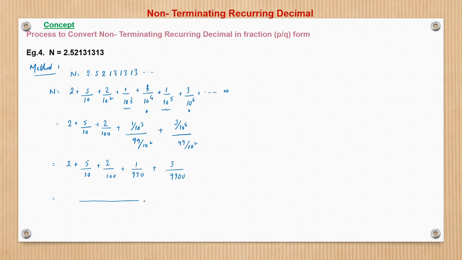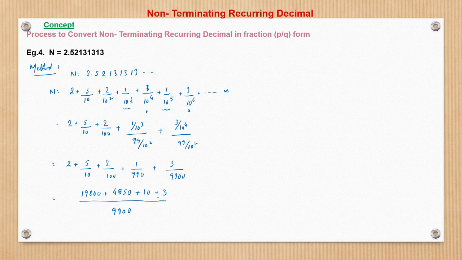This if we solve, LCM would be 9900. So this becomes 19800 plus here it is like 4950, right? And this becomes 10 and this becomes 3.